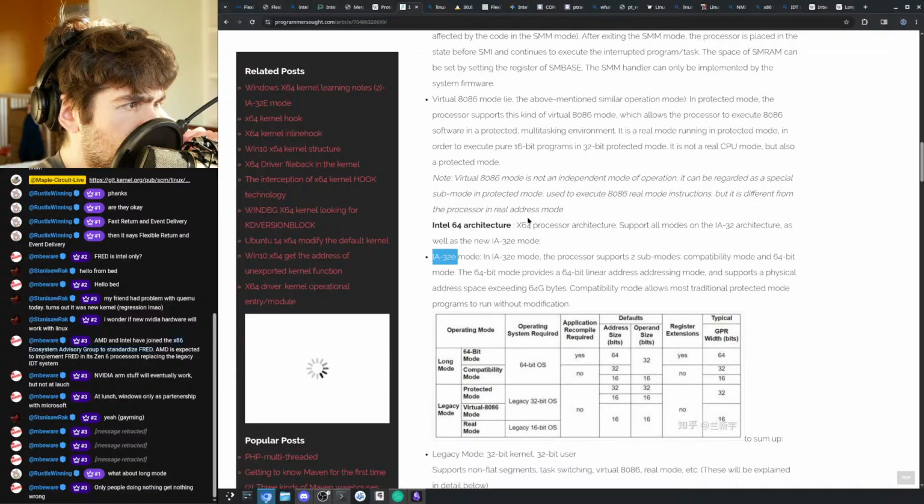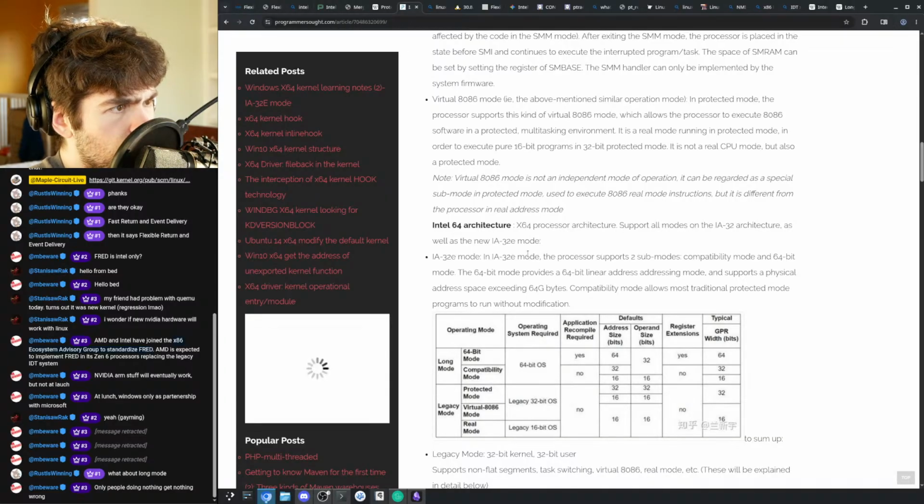In IA-32E, the processor supports 2 sub-modes, compatibility mode and 64-bit mode. The 64-bit mode provides a 64-bit linear addressing mode and supports a physical address space exceeding 64 gigabytes.